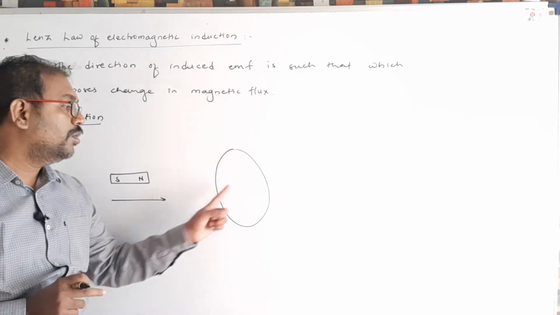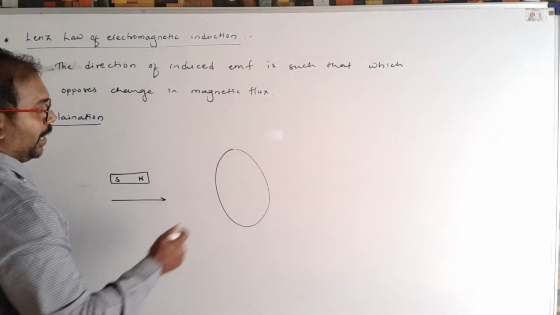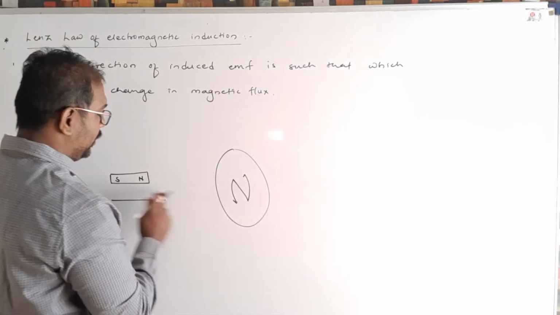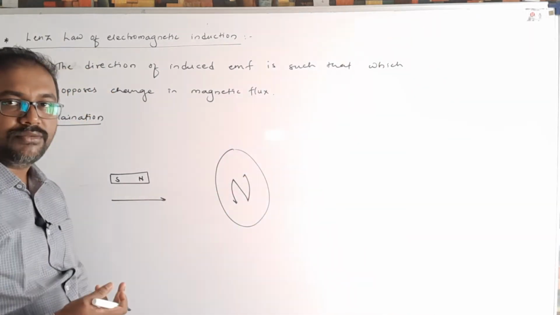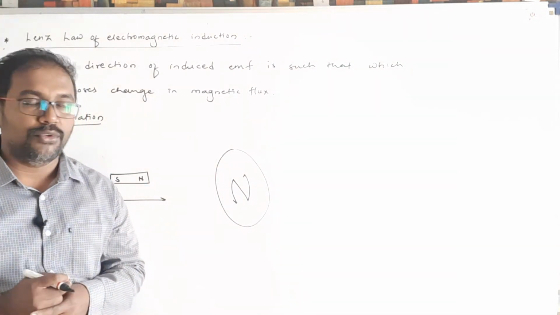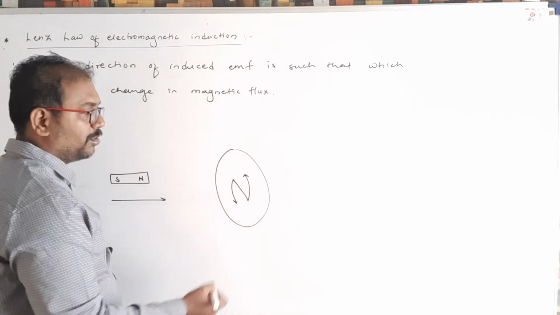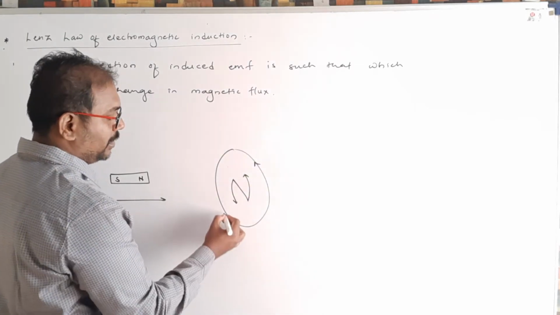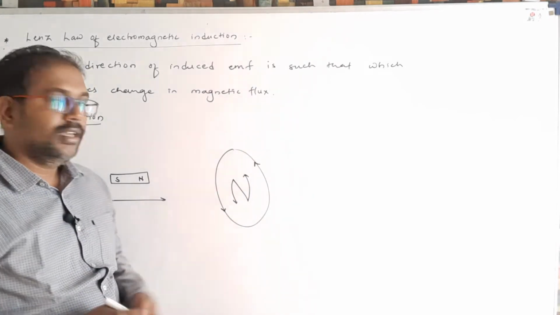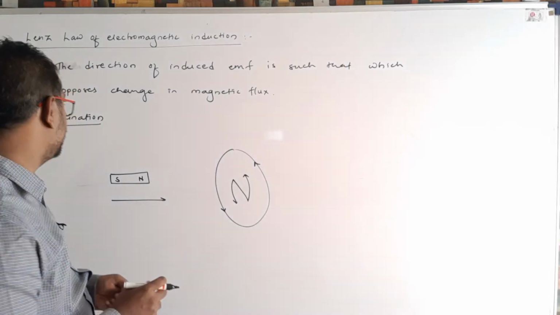And to oppose this increase, an N pole is produced on the face of the coil, and you know that there is a repulsion force. So this increase in the magnetic flux is opposed. As you know, when the N pole is produced on the face of the coil, the direction is anti-clockwise. Therefore the direction of induced EMF is anti-clockwise.